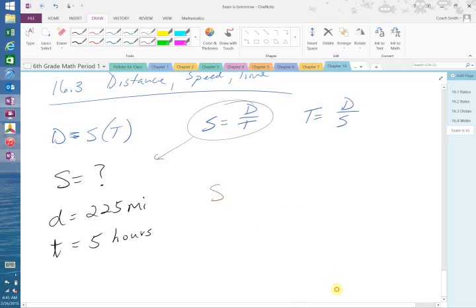So it gives me S is equal to distance 225 over time 5 hours. So all we really have here is a rate. We're always trying to find the rate, either the speed rate or the time rate. So then I just simply divide 5 into 225.